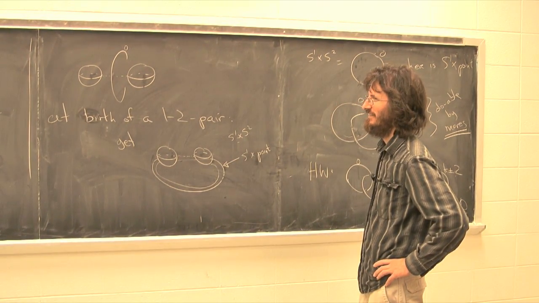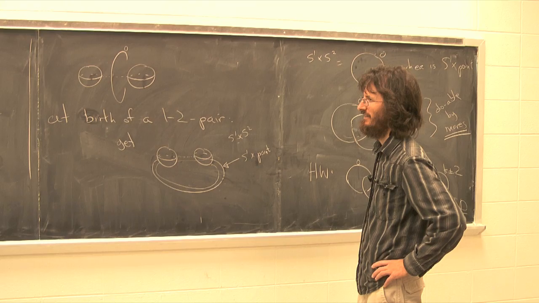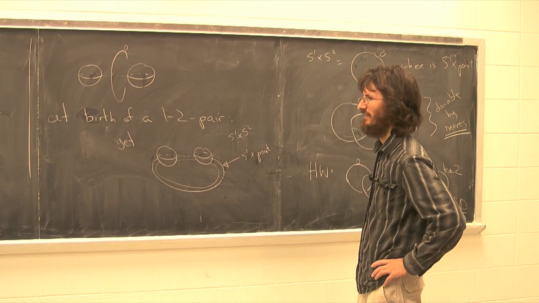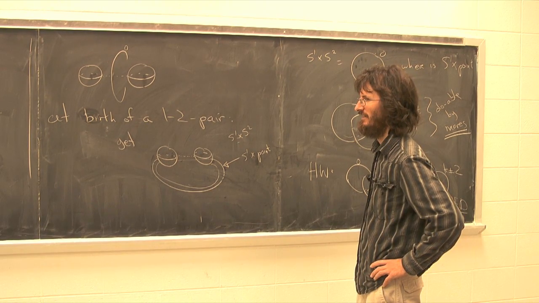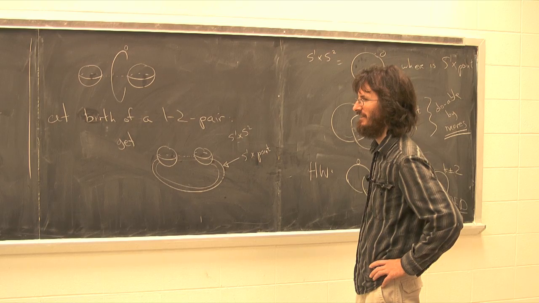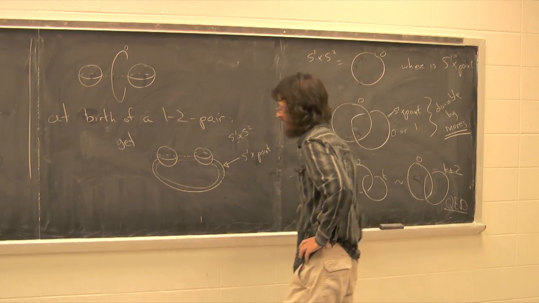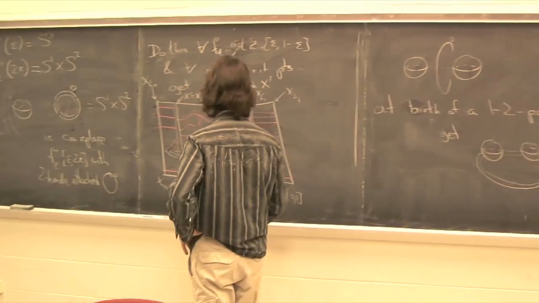I'm a little bit confused as to how you go from this picture with the canceling pair to here. Suppose there's just one of these, to make it easier.